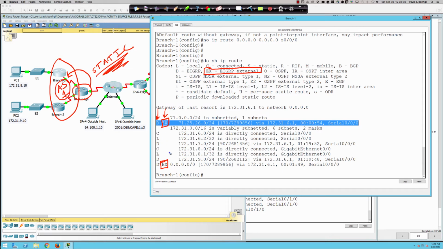And that foreign information is going to be treated differently than information that we are learning from within our autonomous system. And this is how that information is depicted.